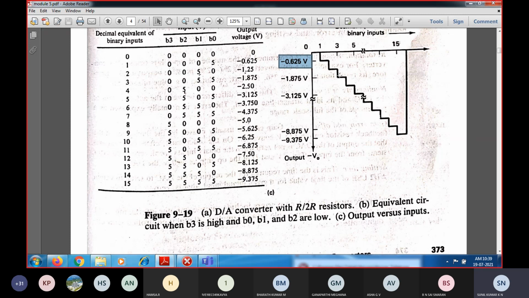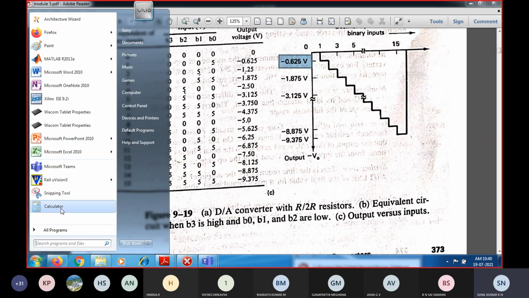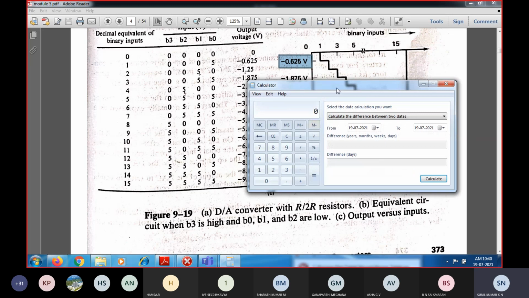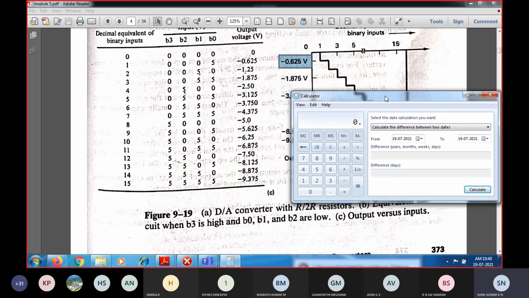There are 15 configurations, and when all the bits are high, it goes up to 9.375 respectively. So this is the 9.375, you can see.